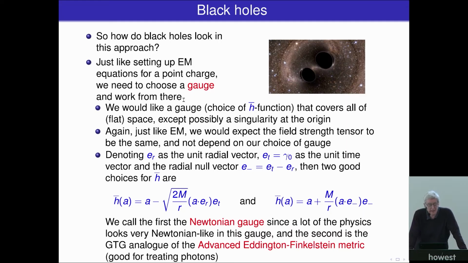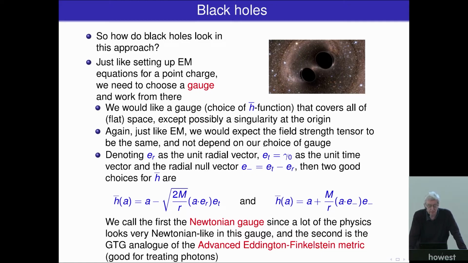You need to choose a gauge and work from there. And the gauge here, we're going to do it in terms of a choice of h function. We want to cover all of flat space, except, of course, possibly a singularity at the origin. And just like in electromagnetism, where you choose different gauges, you'd expect the field strength tensor to be the same and not to depend on the choice of gauge.